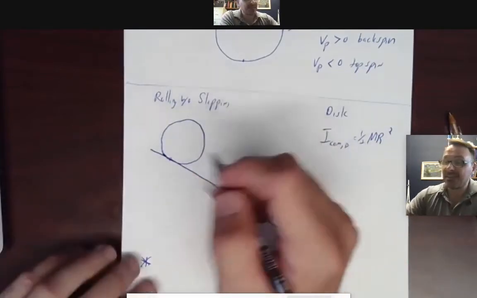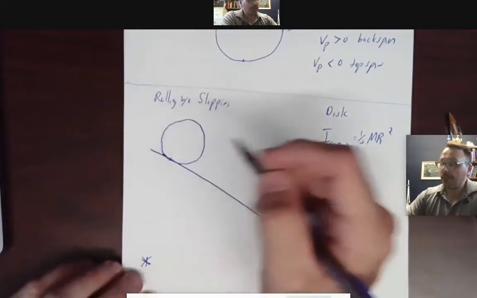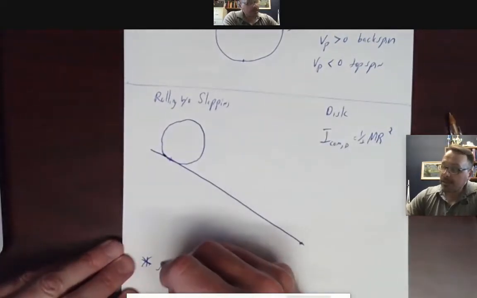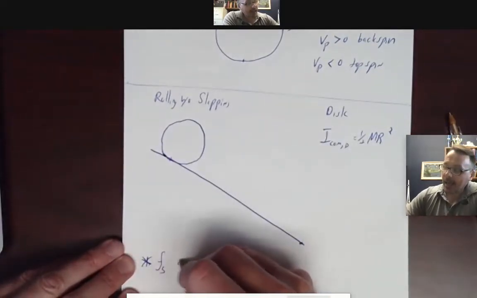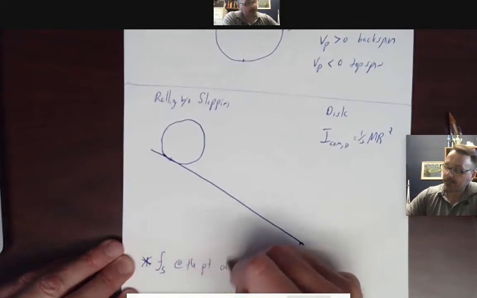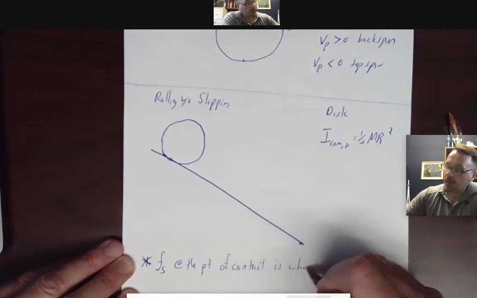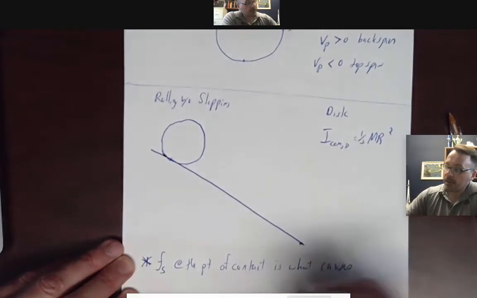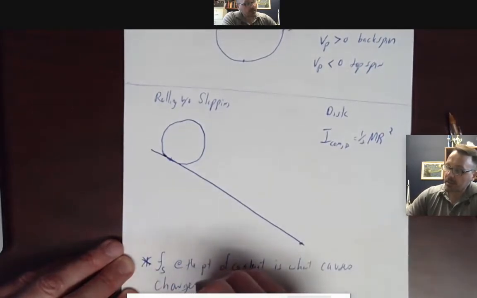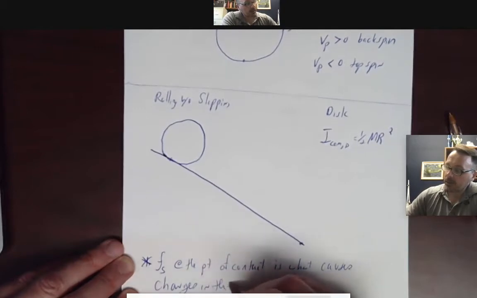That means I'm going to have static friction at that point, right? So static friction at the point of contact is what causes changes in the rotational state.